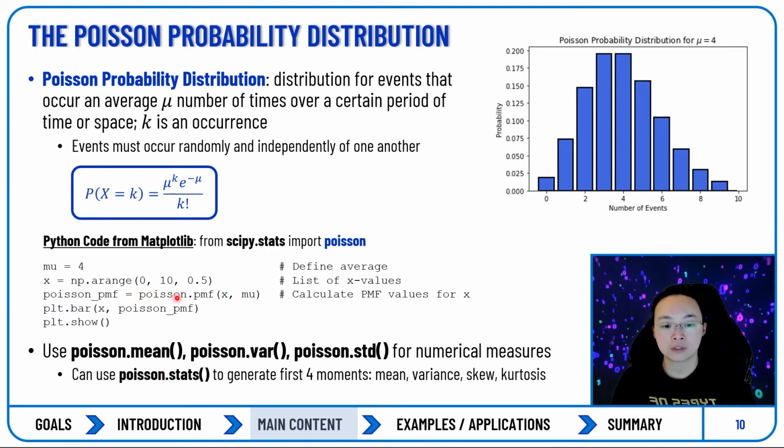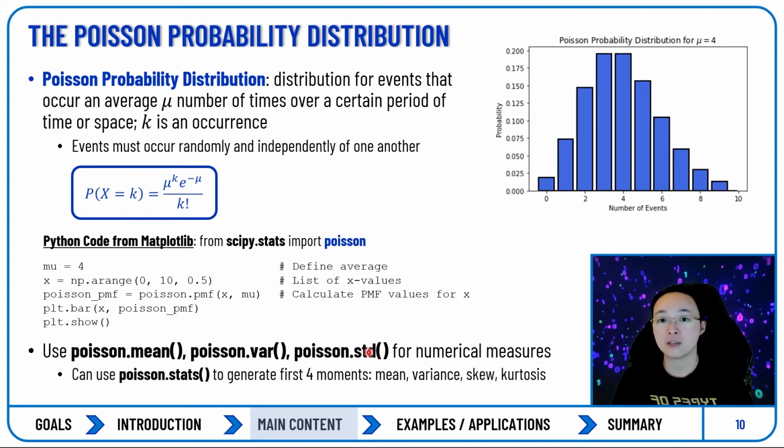You use Poisson.pmf for all x values, given that the average is mu. So based on that, you can plot all of your values and you get your Poisson distribution for mu equals 4. Apart from that, you can also use mean, variance, and standard deviation for your numerical measures.